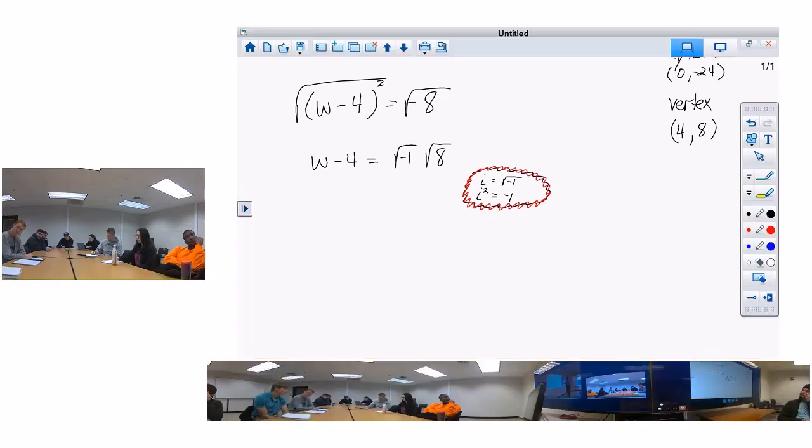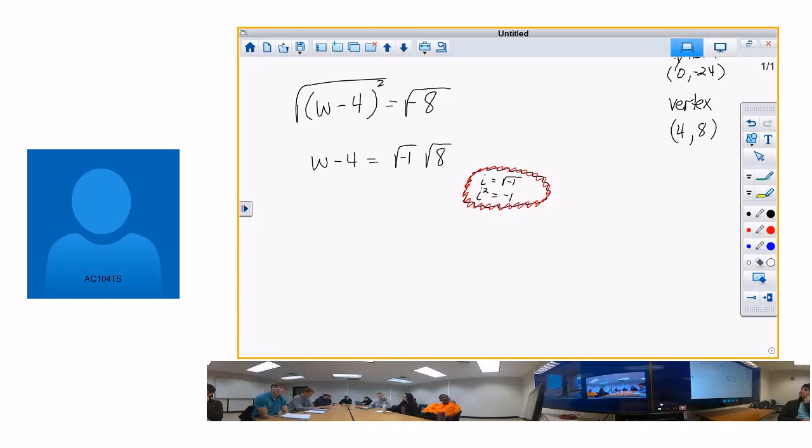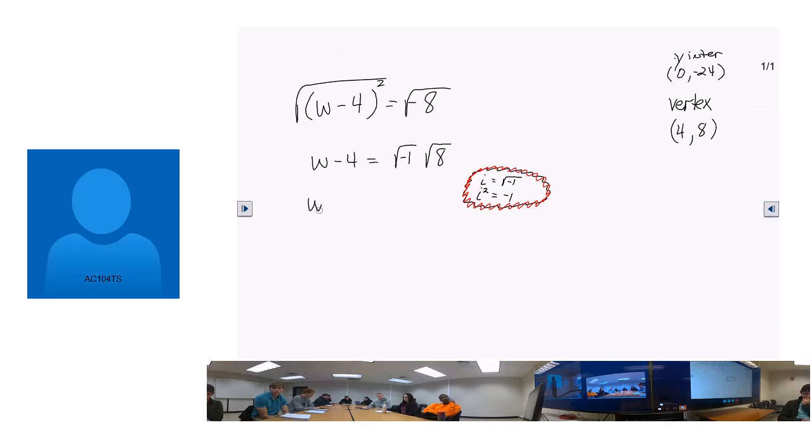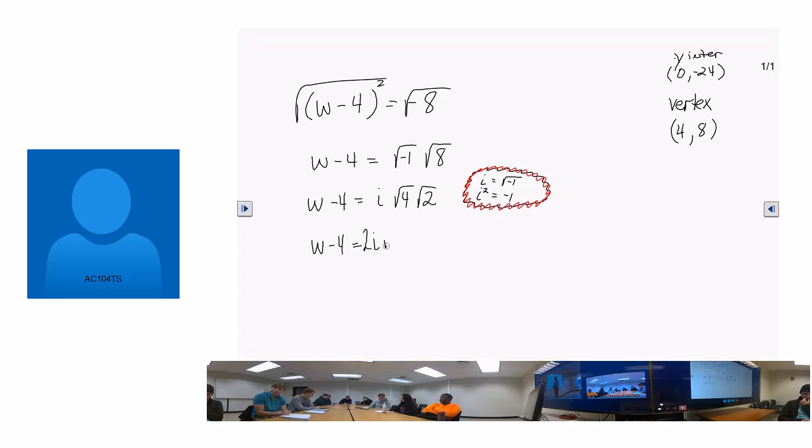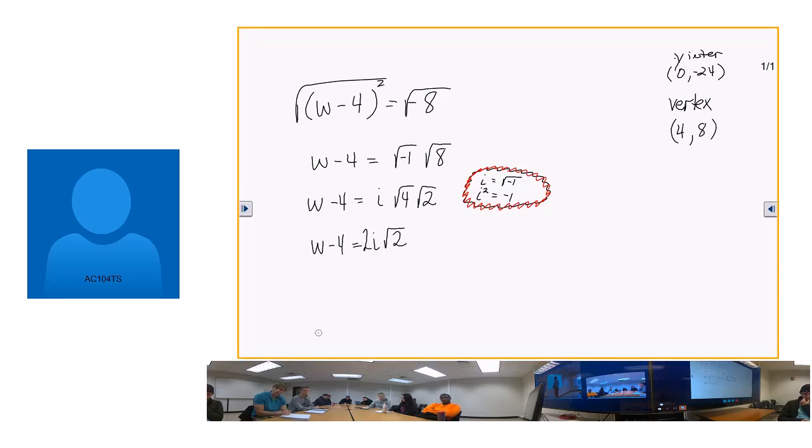So back to our problem. That's going to be W minus 4 is equal to i times the square root of 4 times the square root of 2. W minus 4 is equal to i times 2 square root of 2.